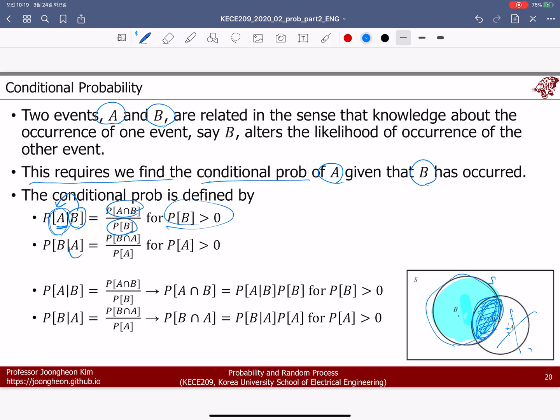In the same way, suppose that A is given, it means that A is our new sample space. We're going to see only A. And here's B. And then once A is given, we have to find B. That's why within here, we have to find B. That's why we have probability of A at first, and then we have to take the intersection of A and B.